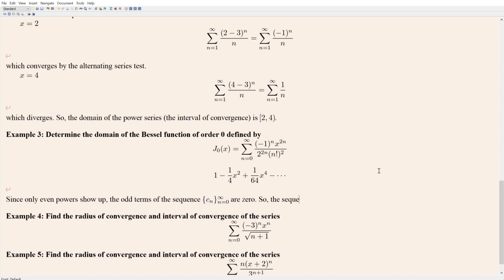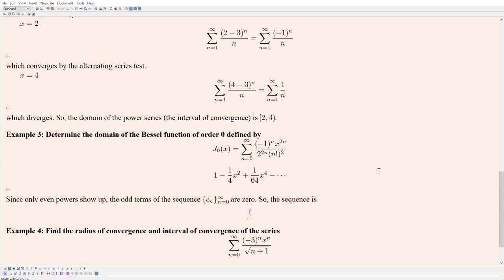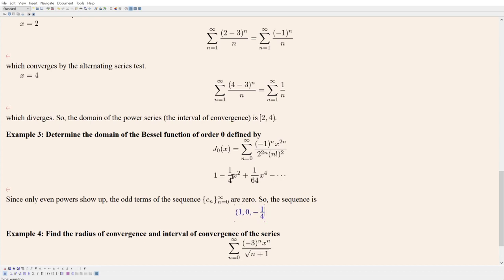So the sequence is 1, 0, because the 1th term of the sequence is 0, and then negative 1/4, 0, and then 1 over 64, 0, and so on. So the general term is going to be what's given by this expression, but only if n is even.